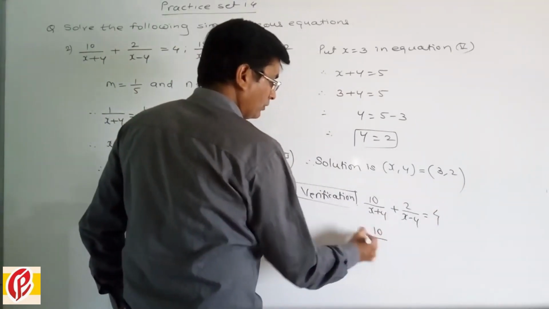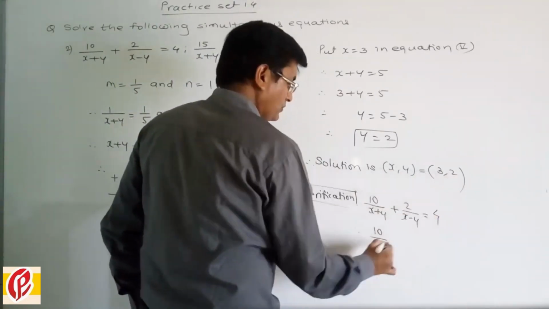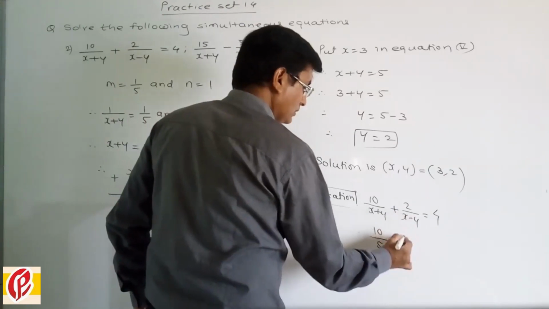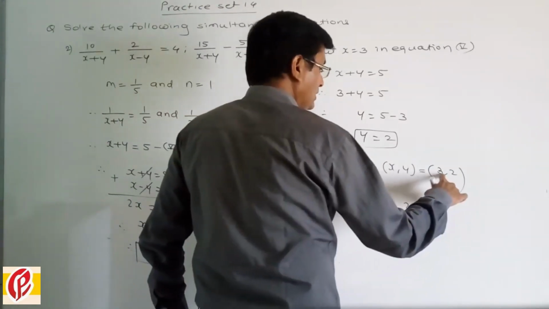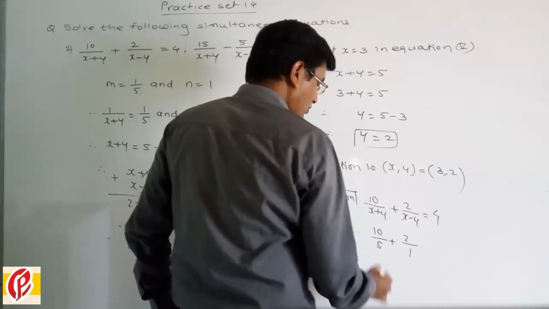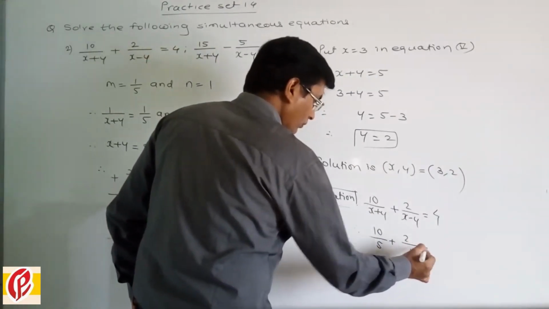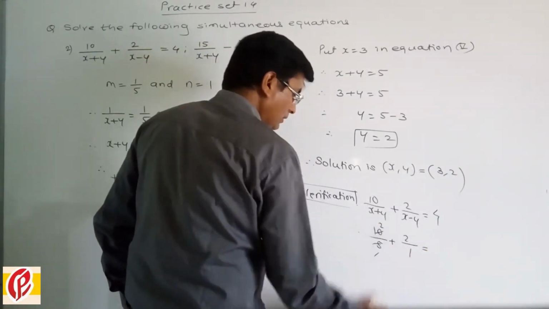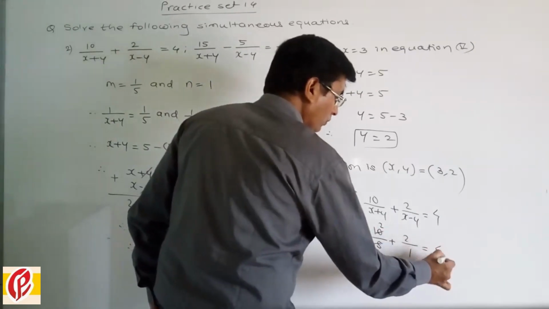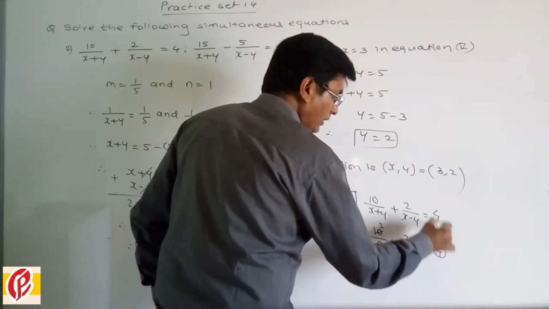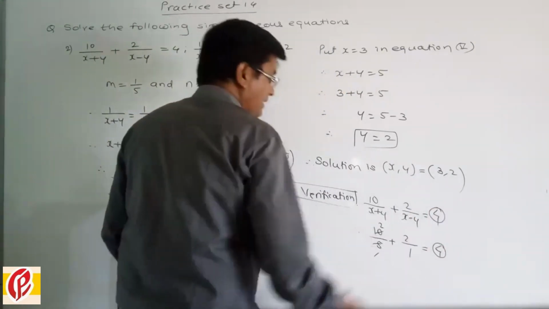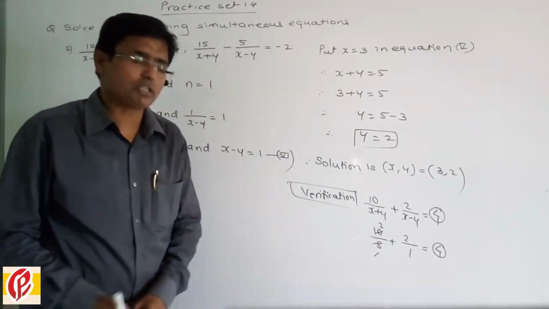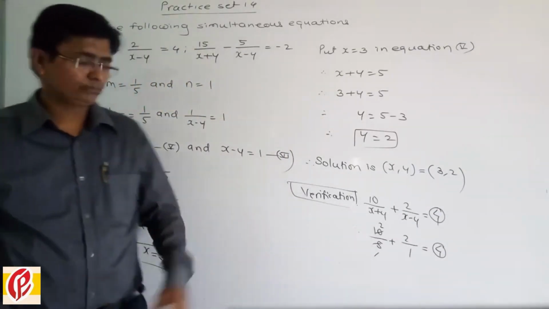So therefore 10 upon x plus y means 3 plus 2, that is 5, plus 2 upon x minus y means 3 minus 2, that is 1. So what we get? 5 1s are 5, 5 2s are 10, and 2 plus 2 is 4. So the right side is 4 and here is also 4. So our answer is correct. So in this way you can check your answer.